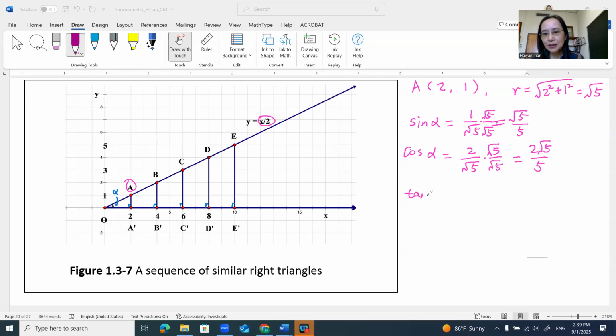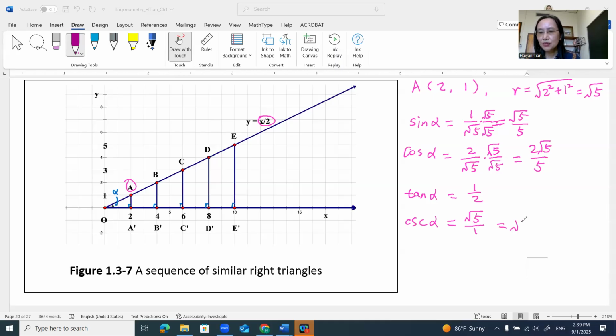tangent alpha, which is y over x, 1 over 2. And cosecant alpha, which is r over y. R is square root of 5, y is 1.